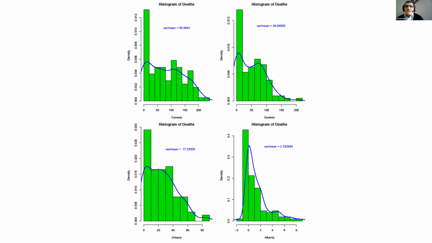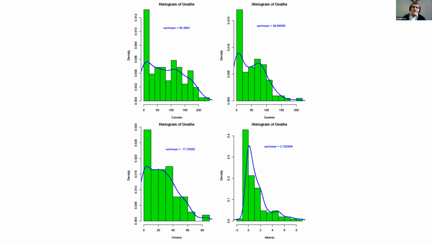If we plot the histogram of this, as you see from the histogram and also the density plot, the counts at 0 are very high, almost in all cases, possibly not in Alberta. So the top left is the whole Canada, top right is Quebec, bottom left Ontario, and bottom right is Alberta.